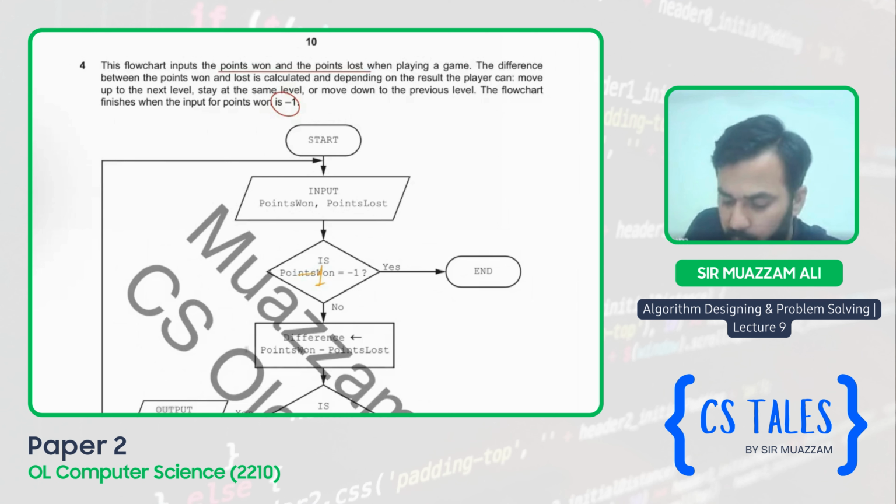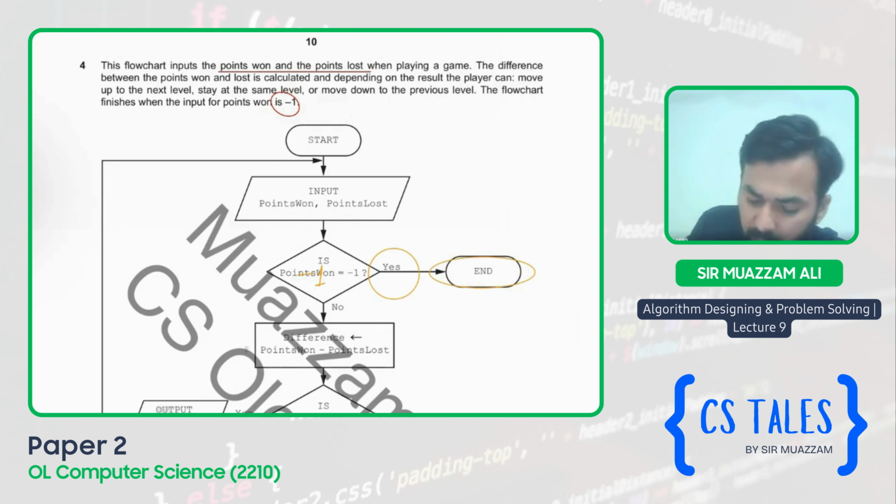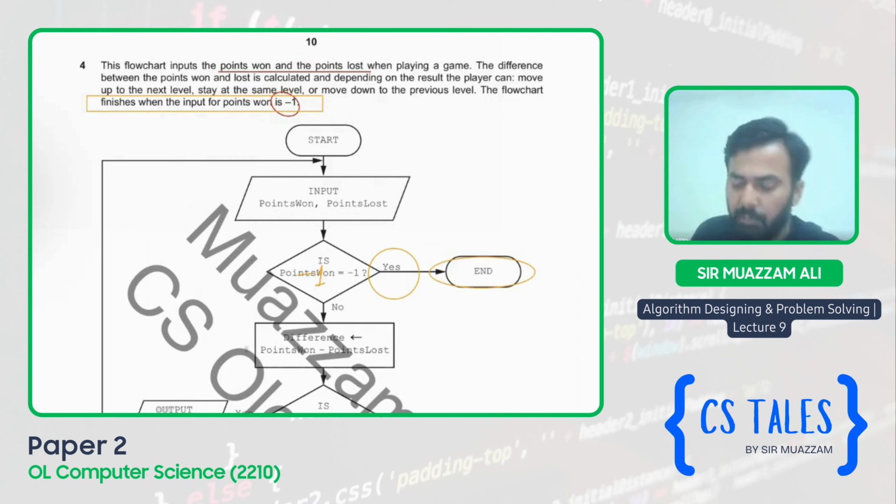Is -1 equal to -1? Yes. Then it will be finished. The story will end. Whenever the question says it finishes when input is -1, so -1 has come, and your algorithm using a trace table is going to finish.